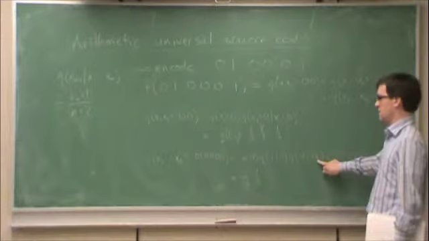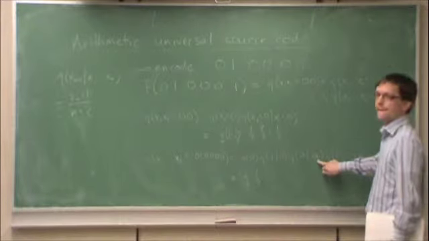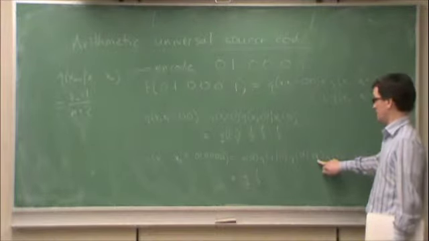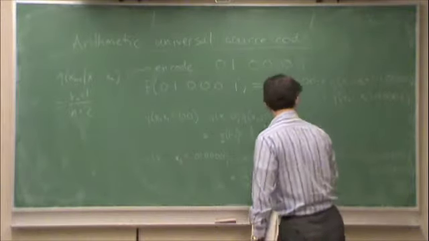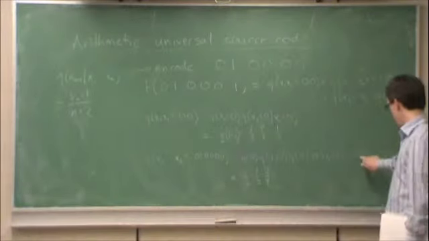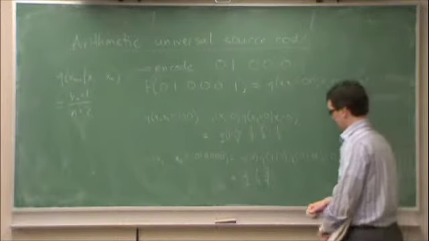What is this? N is 2, Kn is 1, so that is 2 over 4. This, what am I doing?